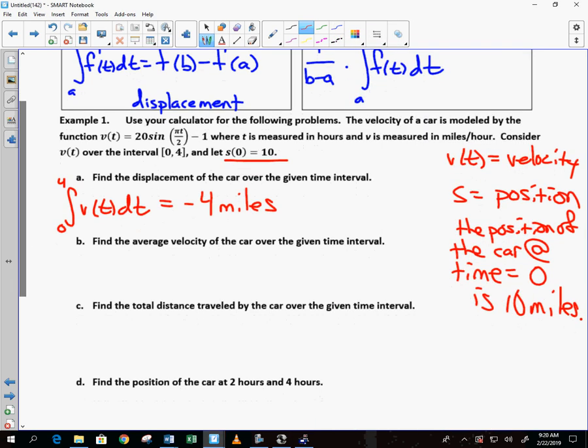Nope, because we're finding the displacement. It's displaced 4 miles to the left. So I want you guys to just think about this for a second. If it starts at 10 and it was displaced 4 units to the left, where is its position now? At 6. Does that make sense? Yeah. We all good? Question.